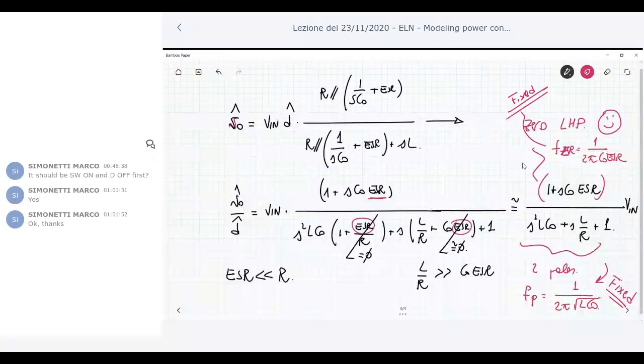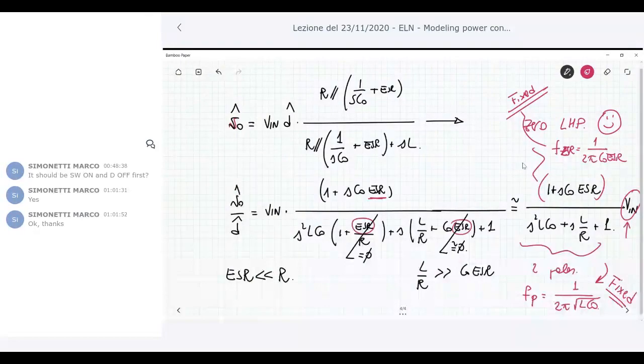Okay, so for the buck CCM, you have one zero and two conjugate poles. Look at this term here. This is the control to output transfer function at DC, so when s is 0. This is the term that we call the gain.